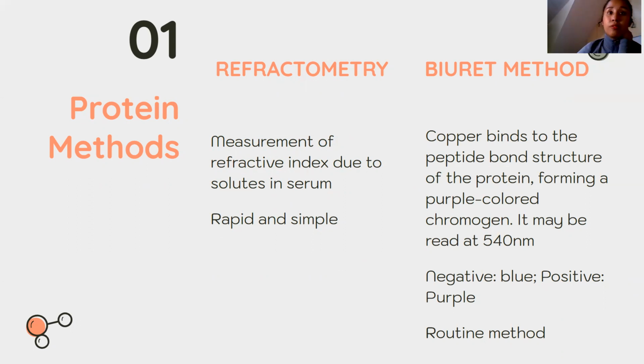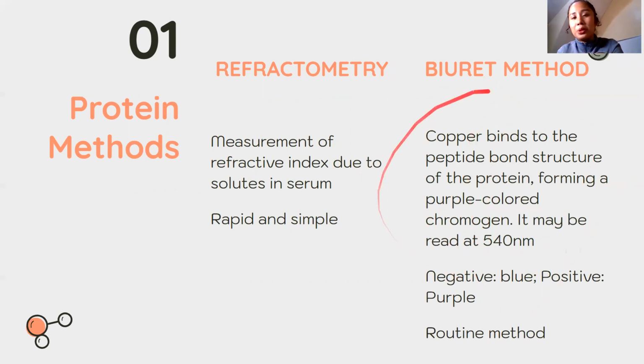Refraction pala is the bending of light. So, your refractive index, class, could reflect as well the number of solutes in your serum. Pag sinabi natin yung solute, these are the undissolved particles or yung mga molecules in the solution.